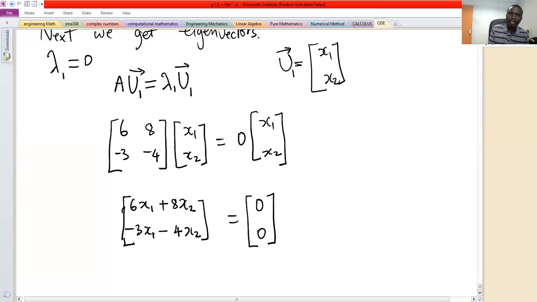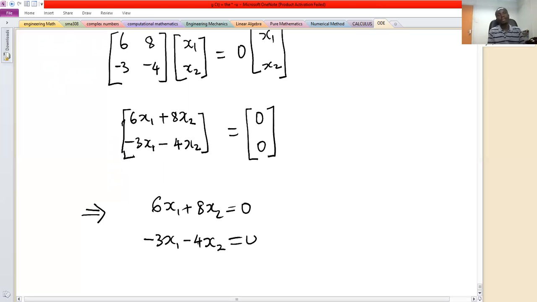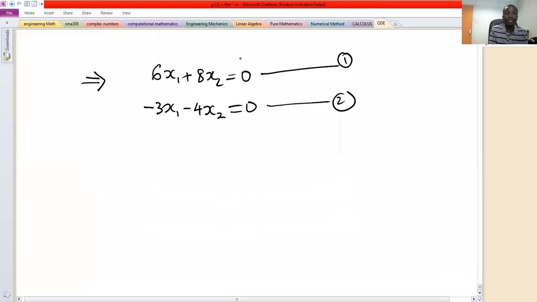Now, for this equality to make sense, the first row must be the same, so 6x1 plus 8x2 should be 0, and the second row should also be the same. Call this one equation 1 and this one equation 2, and equation 1 and equation 2 are the same. If you divide through by 2, you'll have 3x1 plus 4x2 equals 0. Divide through by minus 1, you get the same thing.